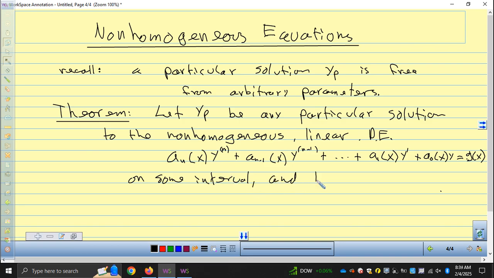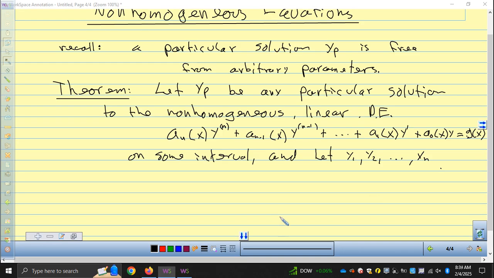And let y1, y2, up to yn be a fundamental set of solutions for the associated homogeneous differential equation.